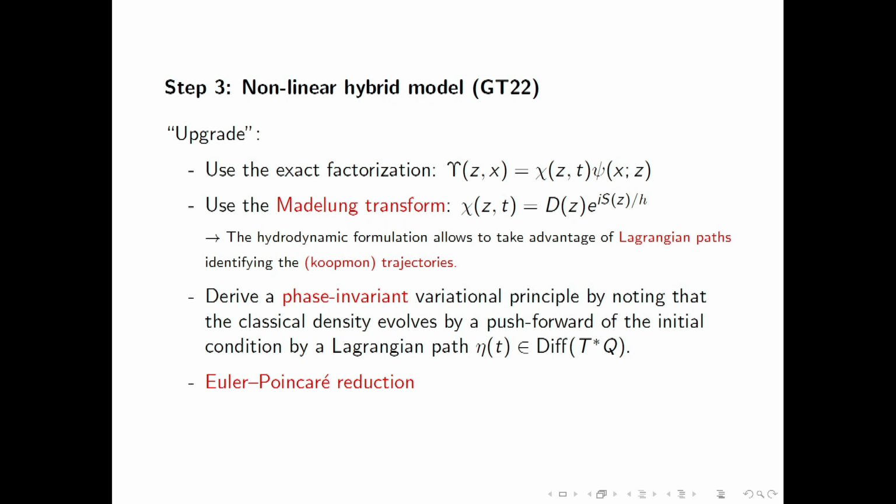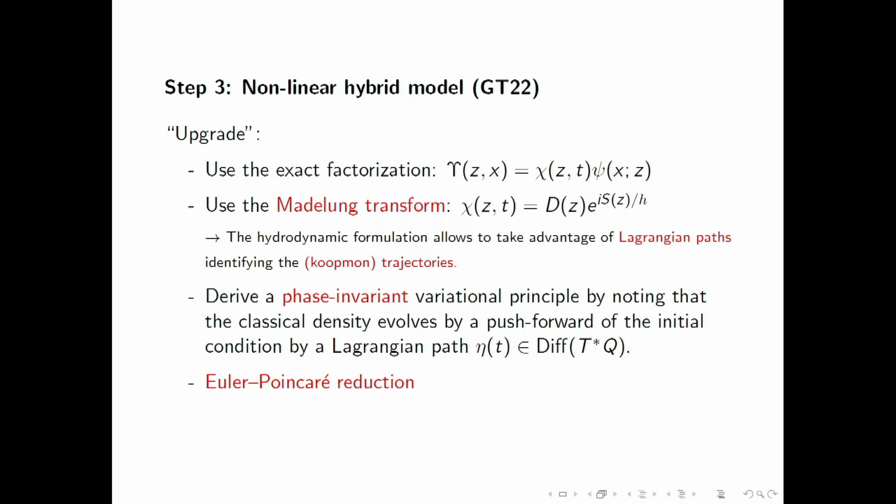So here I just give a short overview of what was done for the derivation of the new nonlinear hybrid model, which was presented in the paper 2022 by François and Cesare. So there are a few steps which are important. On the one hand side, what is done is they use two important transformations.